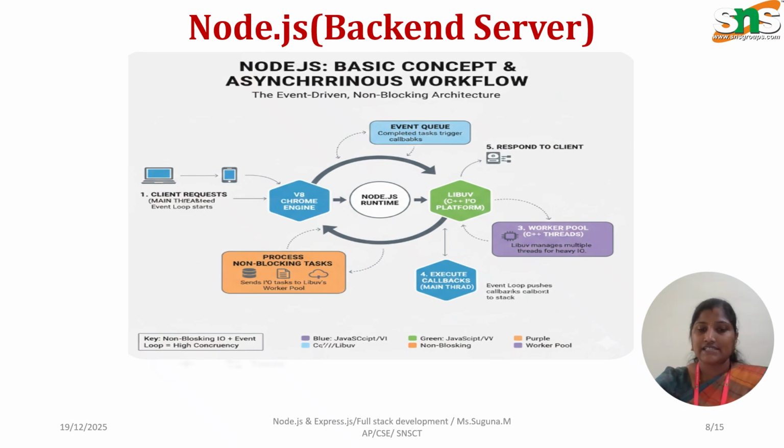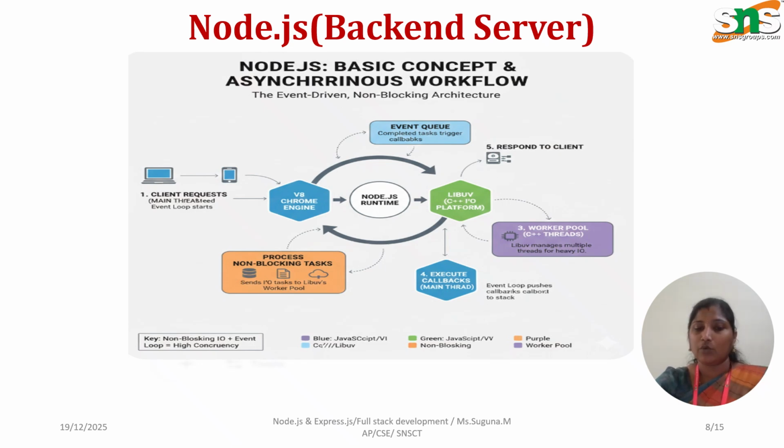Now let's clearly understand the difference between Node.js and Express.js. Node.js is a runtime environment. It executes JavaScript on the server and it acts like a waiter. Whereas Express.js is a framework built on Node.js. It handles routing and logic. It acts like the head chef.